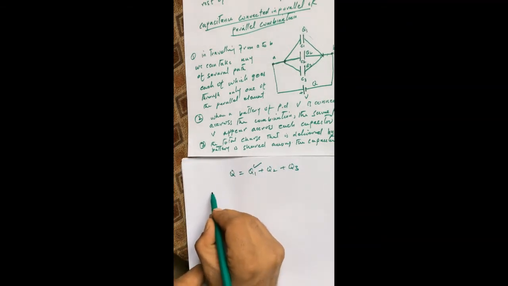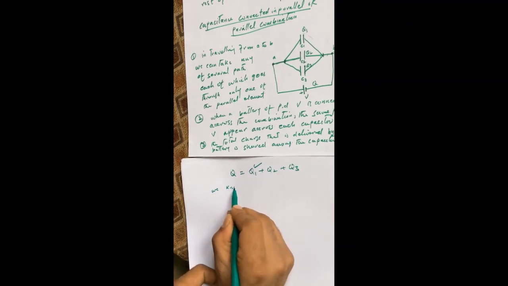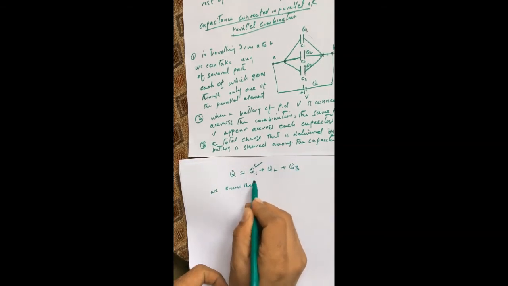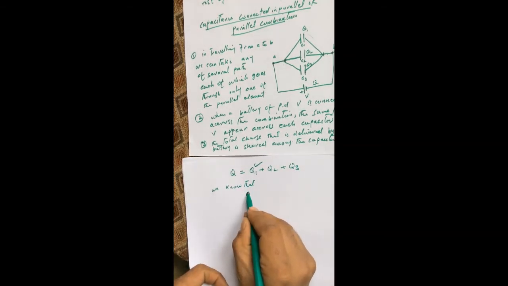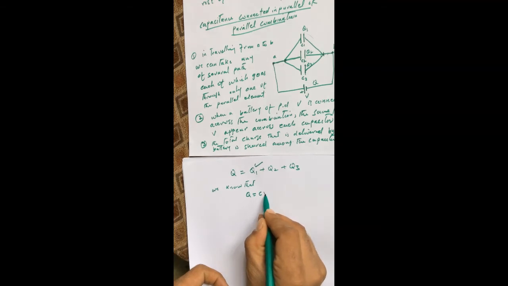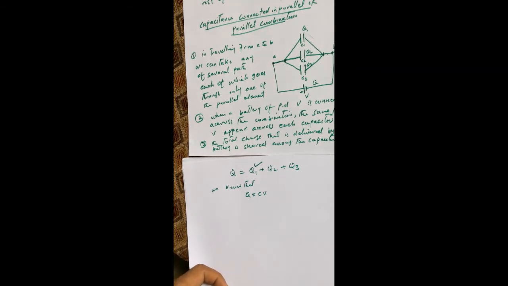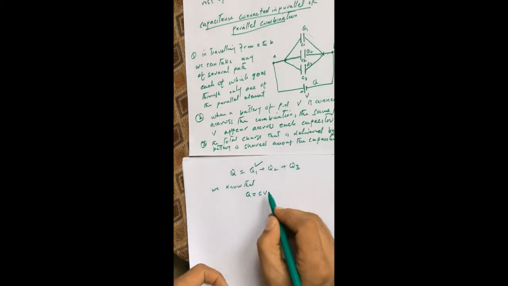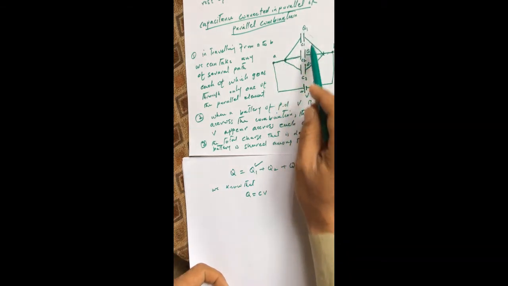Now we know that we have a relation Q equals CV. The potential difference is the same across all three capacitors.